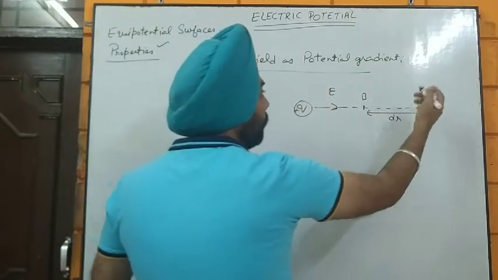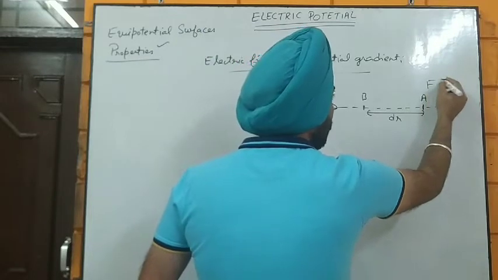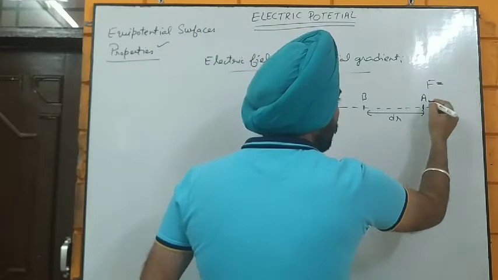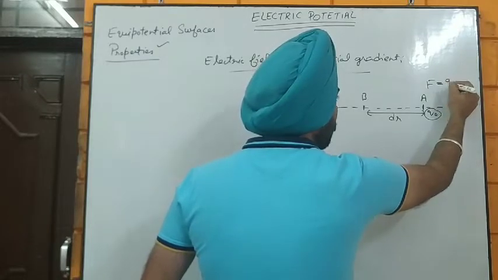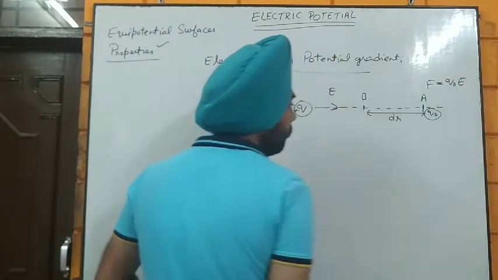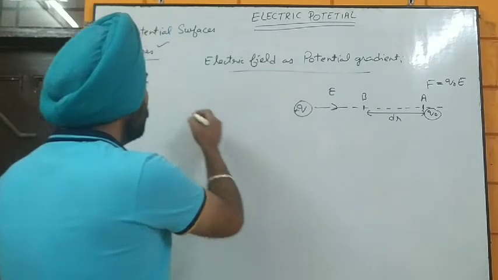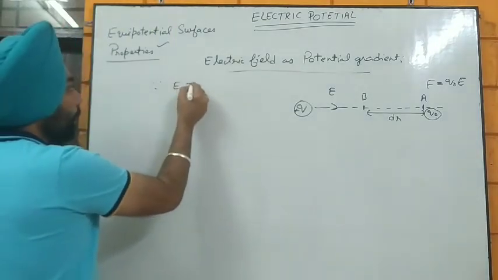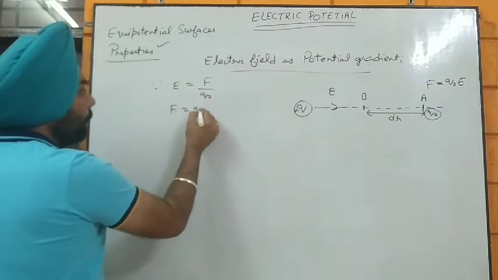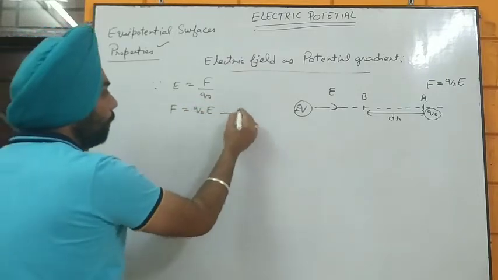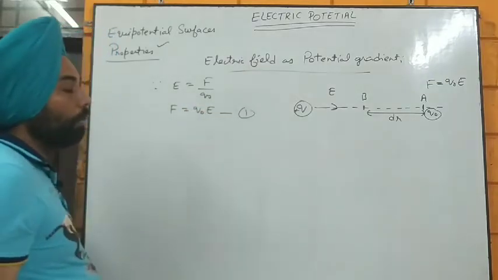If we are moving a test charge, the force is going to be q naught into E, because electric field is force upon charge. So force is equal to test charge into electric field. Mark this as equation 1 if you want to.